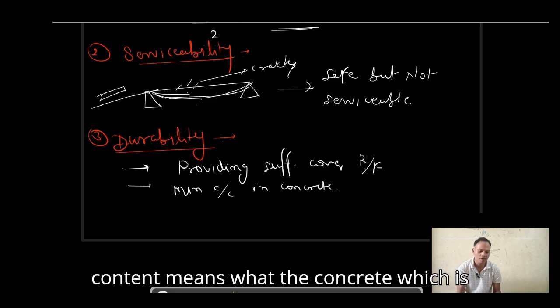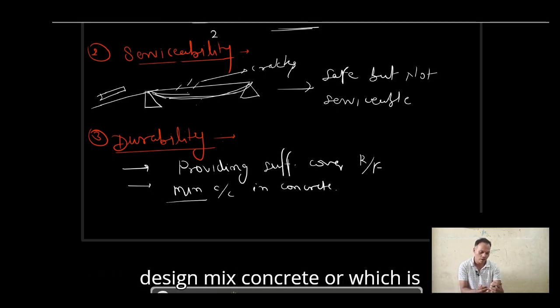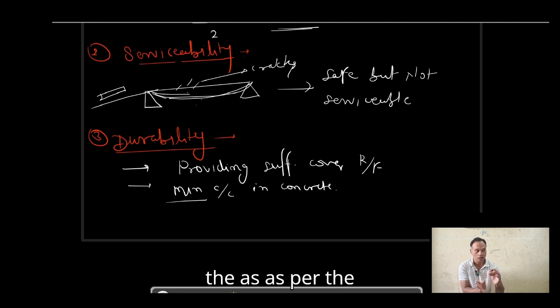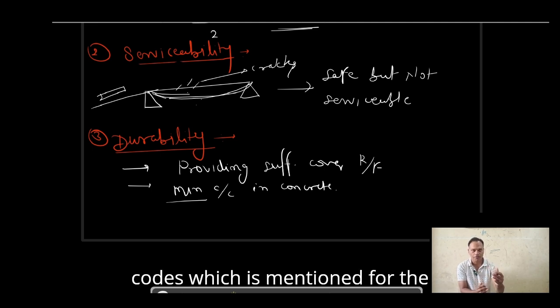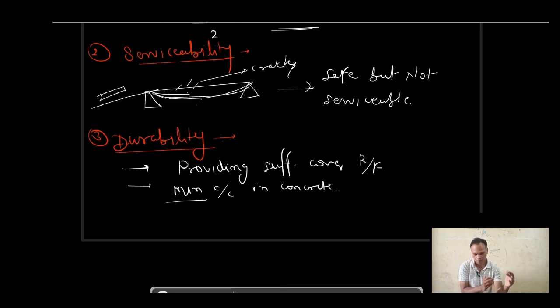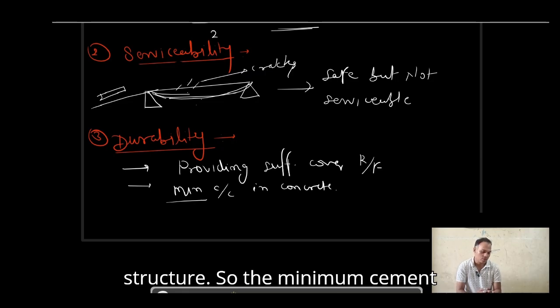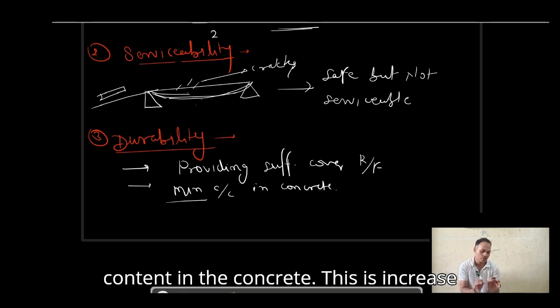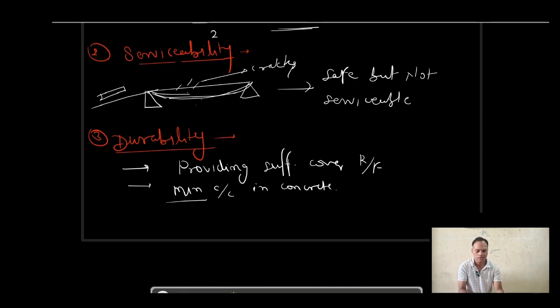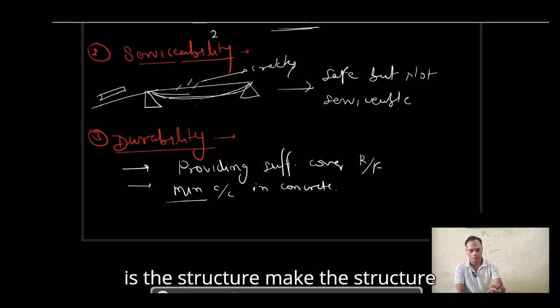Minimum cement content means the content mentioned in the design mix, or as per the codes for the particular grade of concrete we are using in our structure. This increases the strength of the concrete and makes the structure durable.